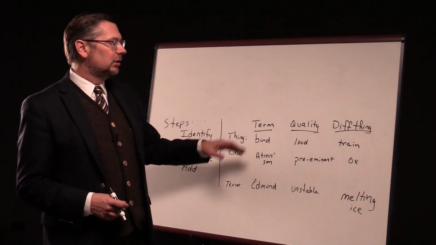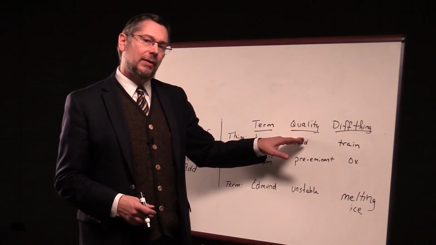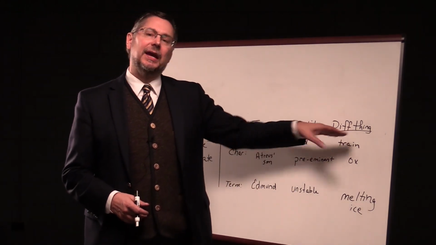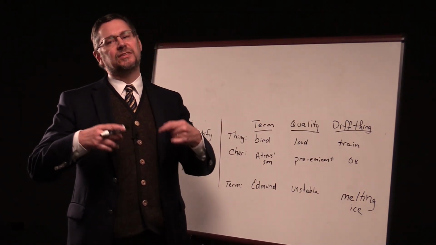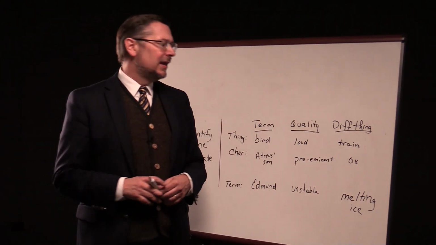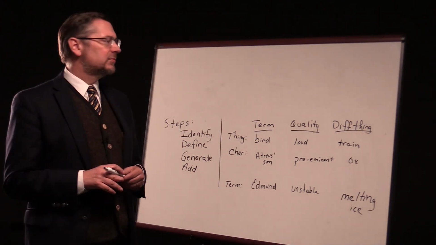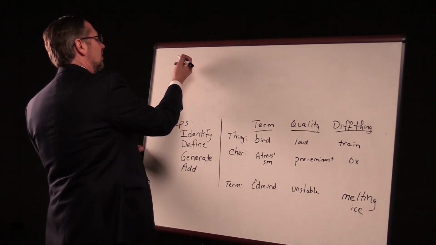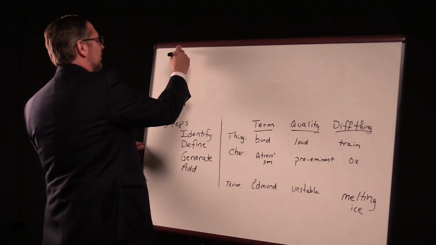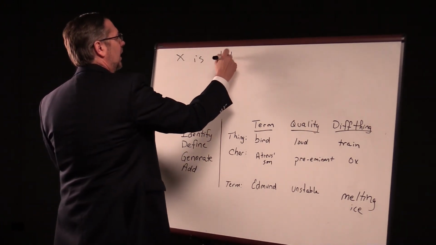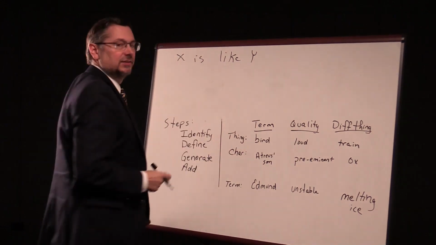We identify a term, a quality about that term that we want to draw out, and something else that shares that quality but is a different kind of thing. Now, just a little note here, there are a few common forms of simile, and I'll just write those up here. One very common form for a simile is X is like Y. That's easy, right?